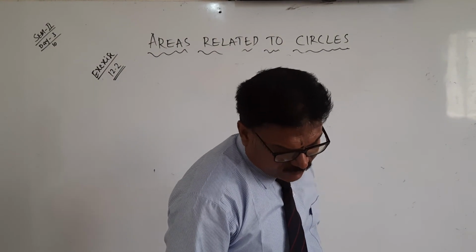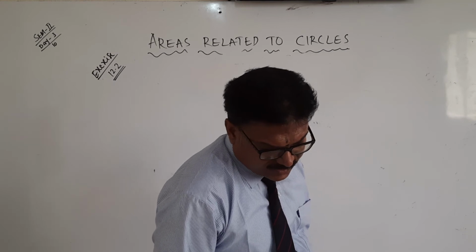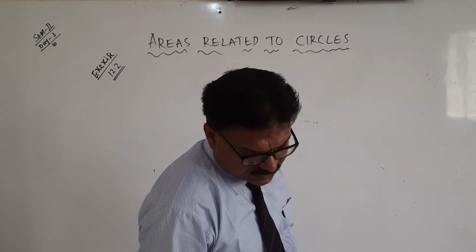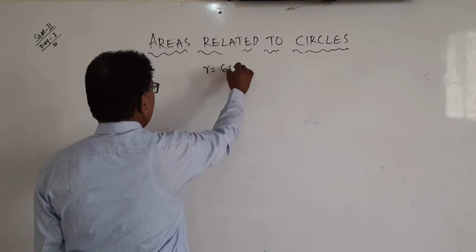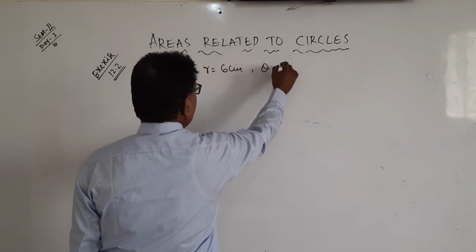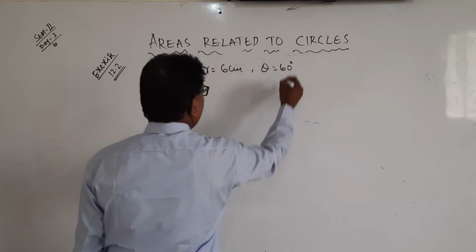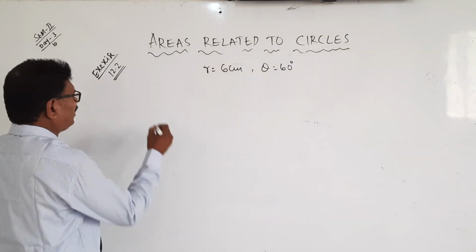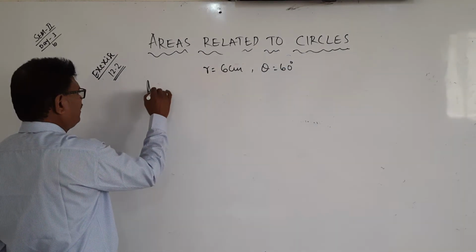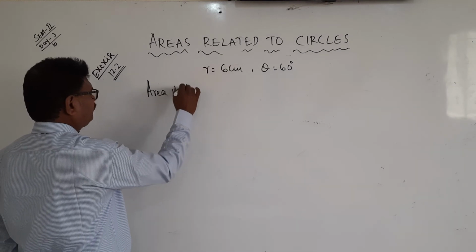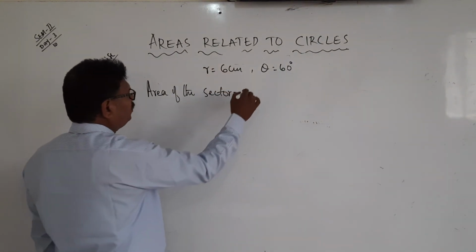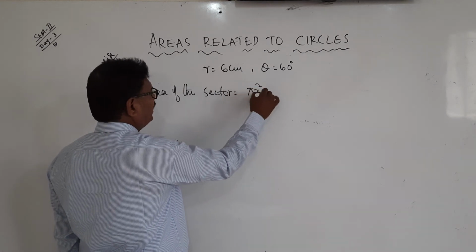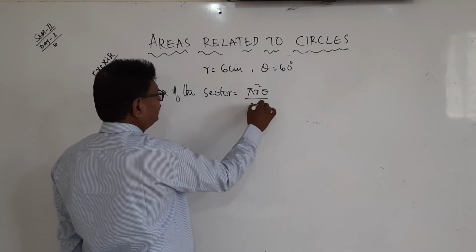Find the area of a sector of a circle with radius 6 centimeters. Radius is 6 centimeters and theta equal to 60 degrees. Now very simple. Area of the sector is equal to pi r square theta by 360.